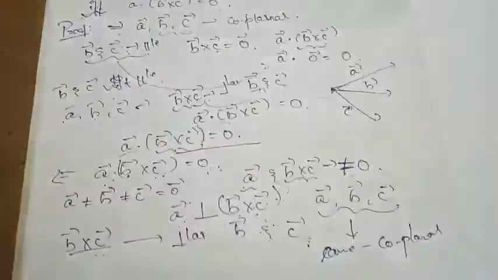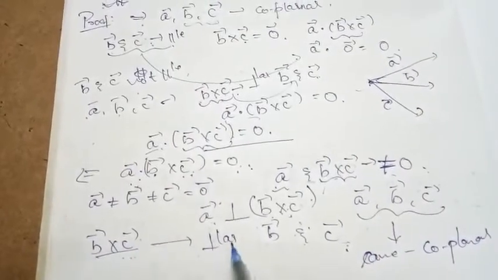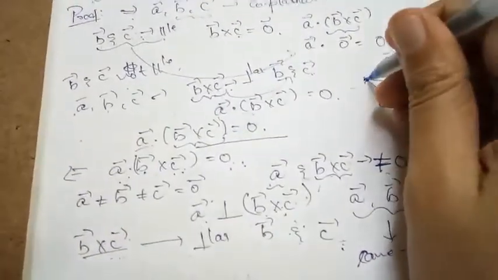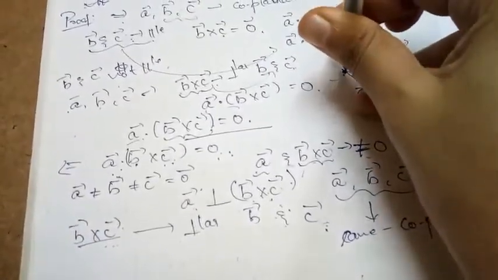The next thing B cross C is saying, by the definition itself, B cross C is perpendicular to vector B and vector C. So this pen direction is always perpendicular to vector B as well as vector C.